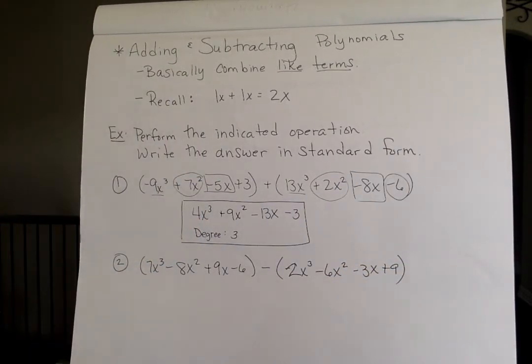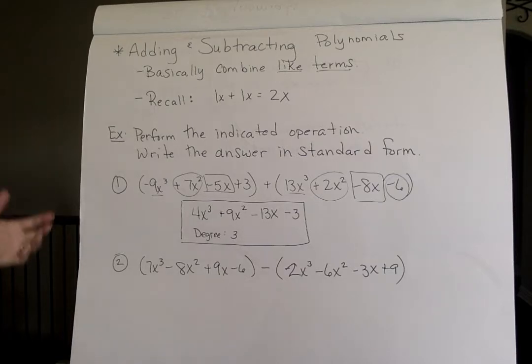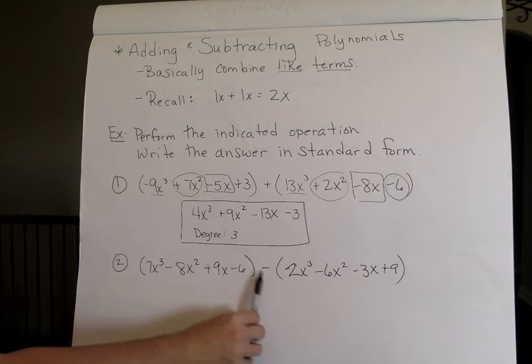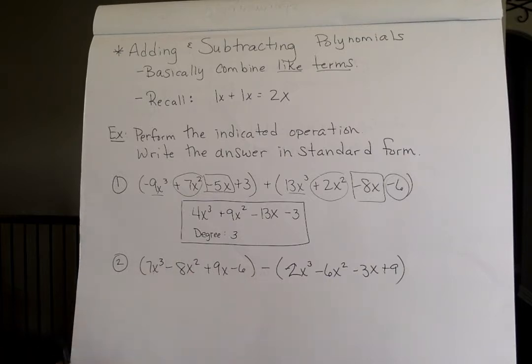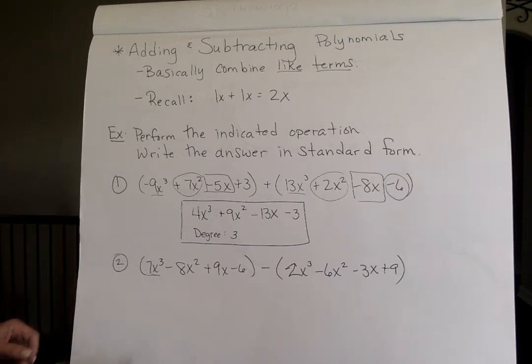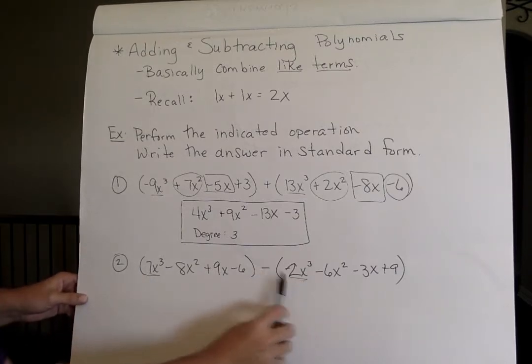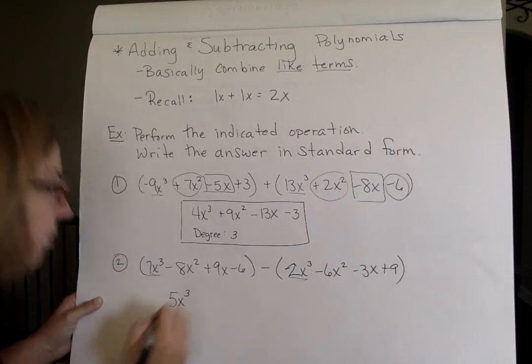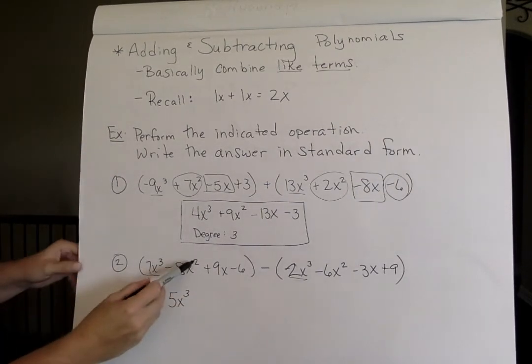Okay. Now, when we're subtracting polynomials, we do have to be a little bit more careful. We're still looking for like terms, but now we might have to consider making a stop on the minus sign when we think about them. So, for instance, we have 7x cubed minus 2x cubed. That's going to be 5x cubed. Okay, this is where it gets a little bit more tricky.